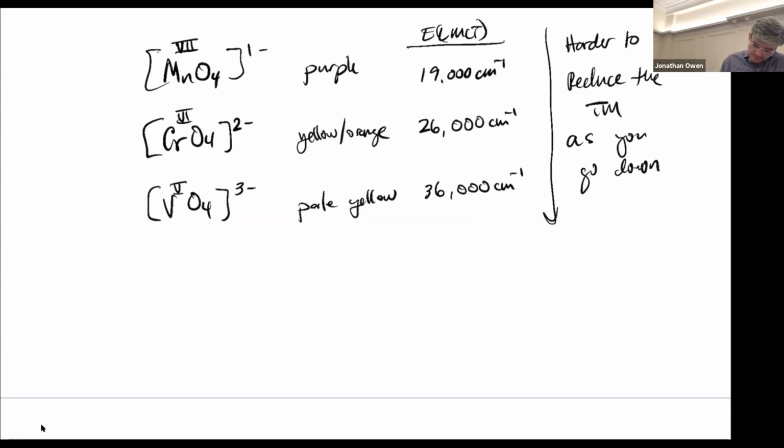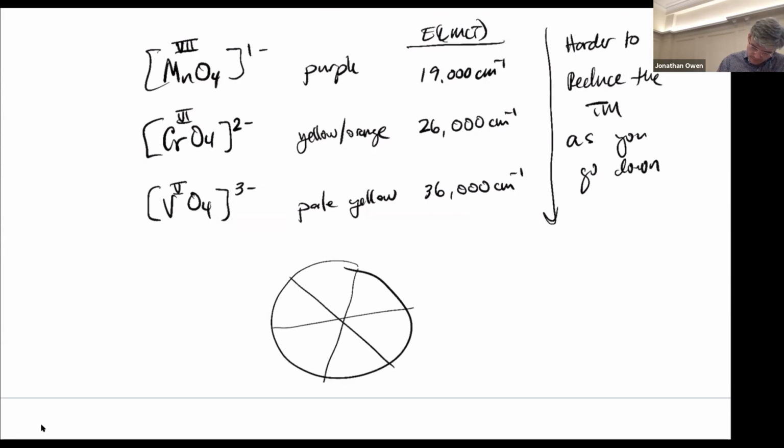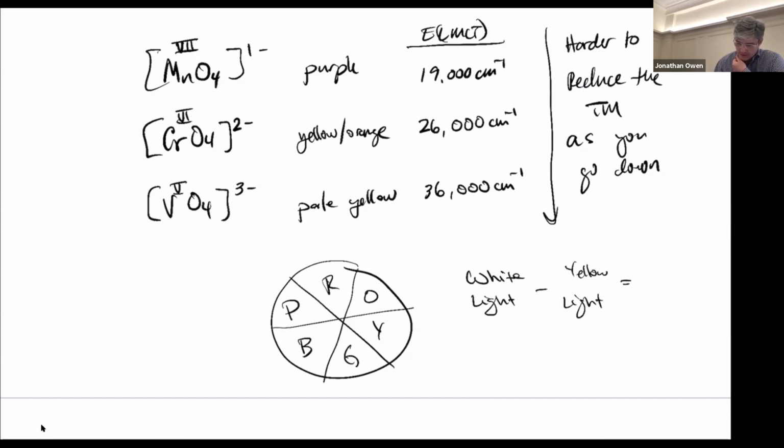Remember the color wheel. Red, orange, yellow, green, blue, purple. So white light minus yellow light equals what color?